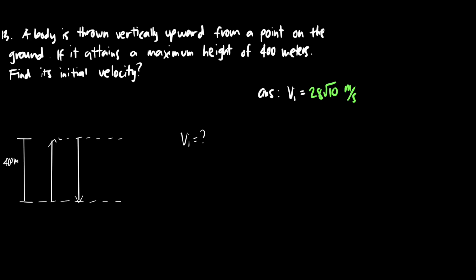The problem states that the acceleration is not changing, so the description of the motion is having a constant acceleration. So if we have a constant acceleration, we'll use this formula: v final squared is equal to v initial squared minus 2gh.